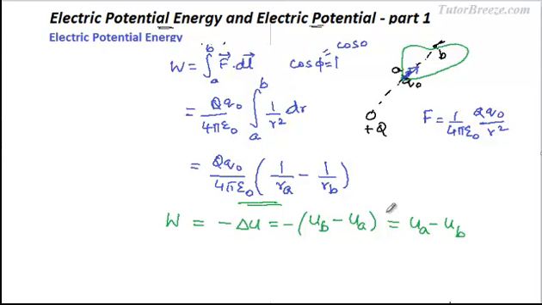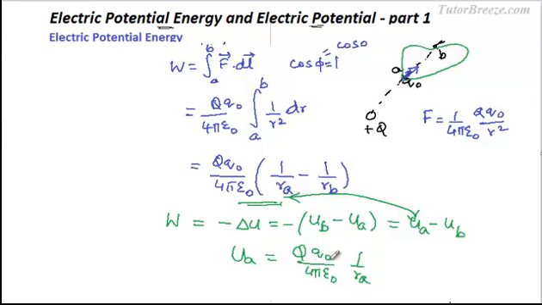So now we can define the potential energy at RA as this and this would be the same. So what we are saying is UA is equal to Q naught over 4 pi epsilon naught times 1 over RA, and UB would be Q naught by 4 pi epsilon naught times 1 over RB.